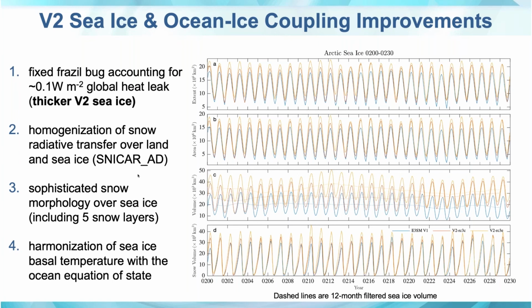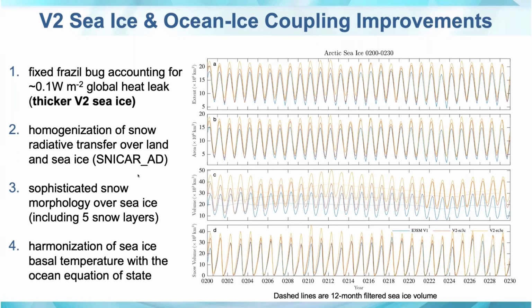There was a frazzle ice formation bug fix that accounted for a global heat leak. The snow radiative transfer schemes over sea ice and land were homogenized. A new snow morphology over sea ice model was included.